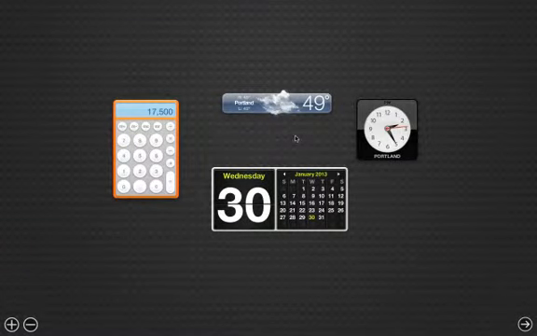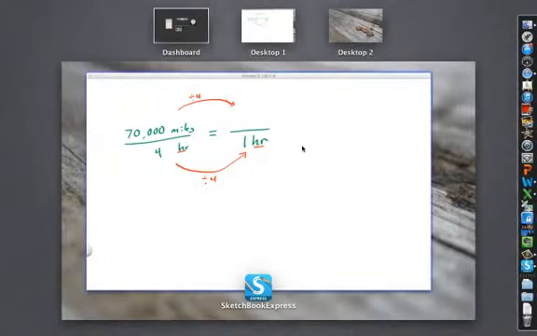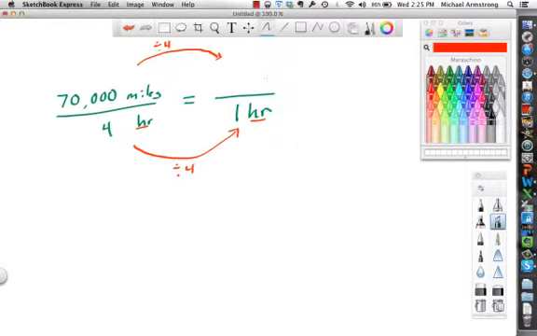It's definitely a calculator exercise. I'm not going to make you do long division here, although it would be okay with me if you did. 70,000 divided by 4 equals 17,500 per hour. That's how fast it is. Wouldn't you like to be able to go 17,500 miles per hour? That would be awesome. But I think you'd have to be in space to manage that. Okay.